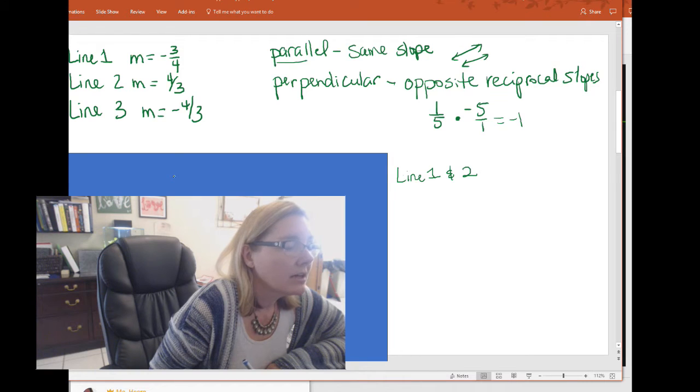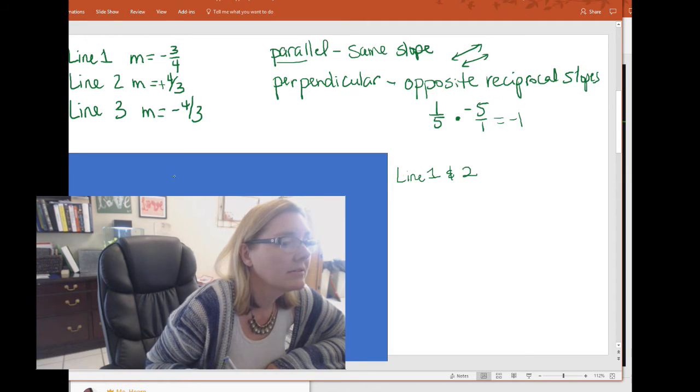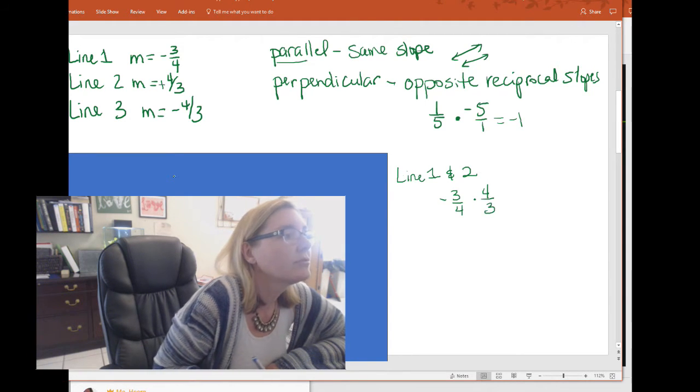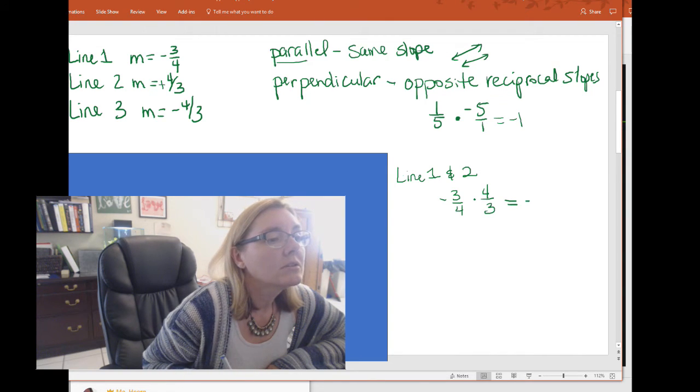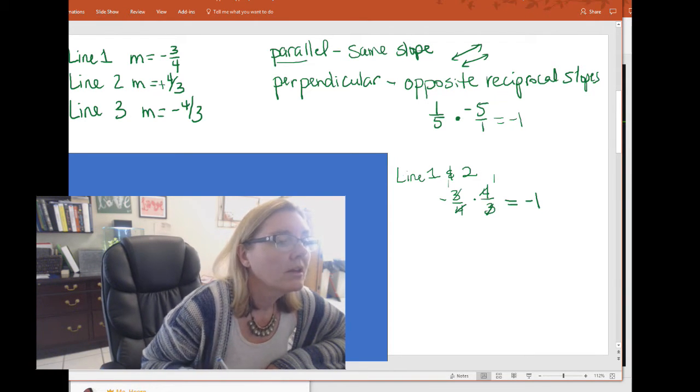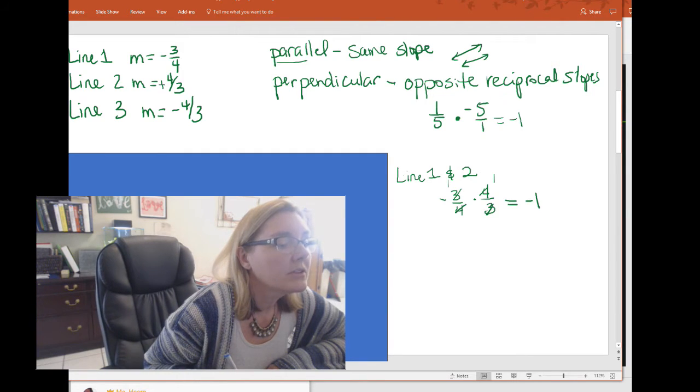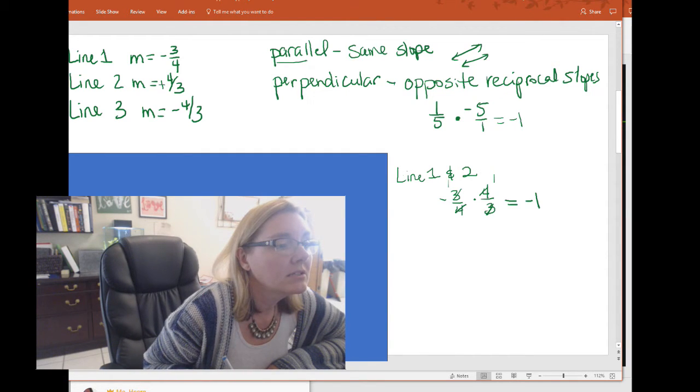Well, it looks to me like they are, because the reciprocal of 3/4 is 4/3, and line 1 has a negative slope and line 2 has a positive. Or if you wanted to use the little multiplication idea, negative 3/4 times positive 4/3 is equal to -1, because 4 goes into 4 one time, 3 goes into 3 one time, so we get -1. All right, so the answer to this portion is that lines 1 and 2 are perpendicular.